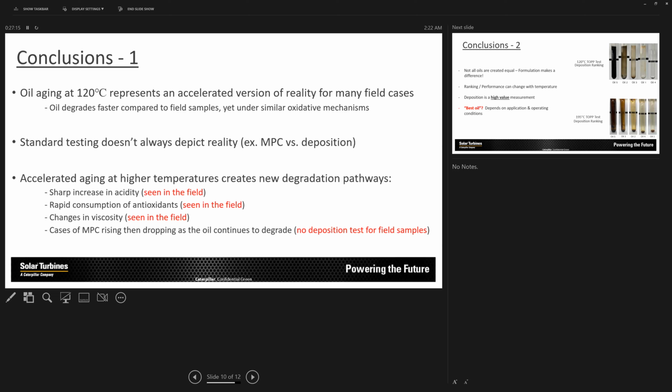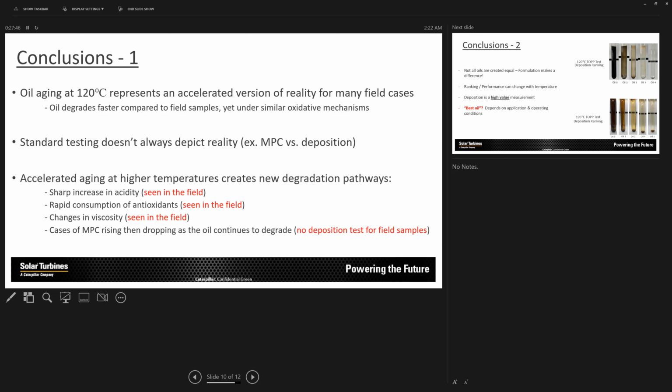But okay, in terms of the conclusions, number one, the oil aging at 120 degrees Celsius. We believe that in field cases, even though in the field we're not aging the oils at 120 degrees consistently, the field results that we have gotten, or the routine testing in the field, doesn't always depict reality.